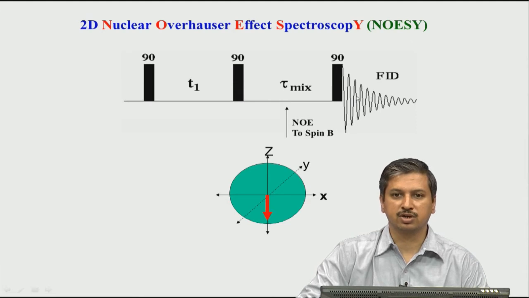This chemical shift starts evolving, and that is captured by the detector, and that is known as an FID. So, basically what has happened is we started from one spin A, and we allowed the frequency of spin A to evolve.